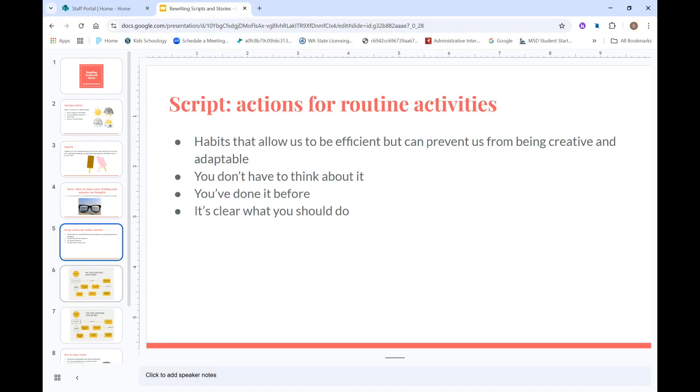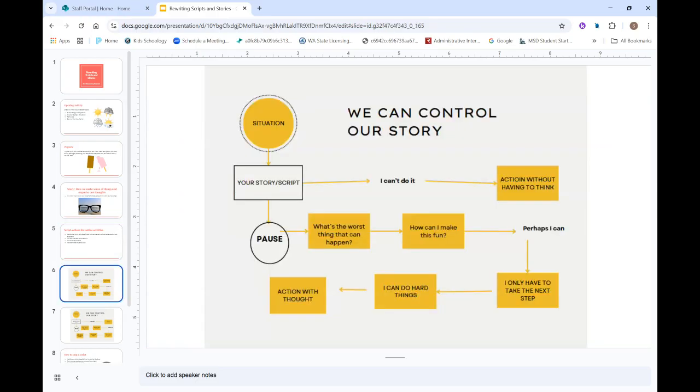Here's a little diagram of how the story situation can play out. We have a situation, our story, our perspective. If it's I can't do it, then our script says we can't do it, so there will be no action. But we can change and control our story.